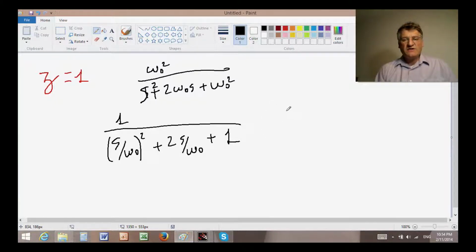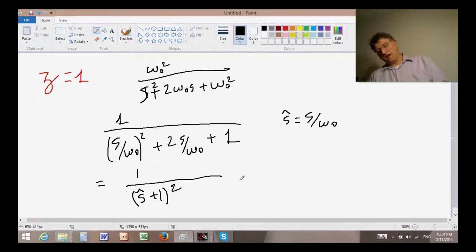Okay, and we can define the reduced variable, which we call s hat, as s over omega 0. Under these conditions, this transfer function can be looked at as 1 over s hat plus 1 squared.